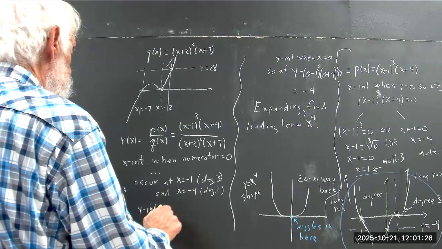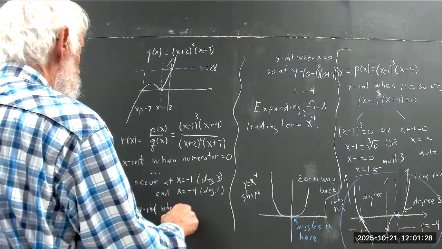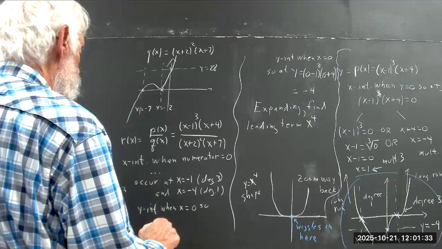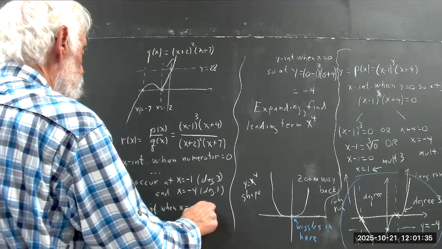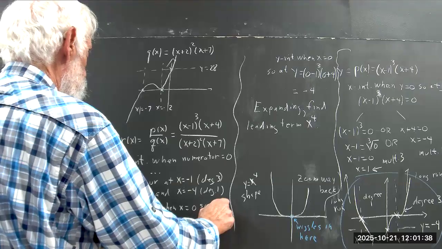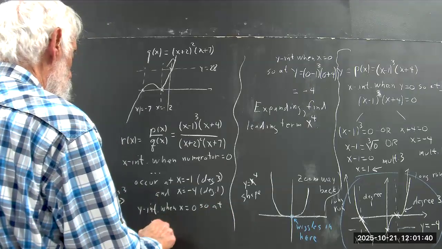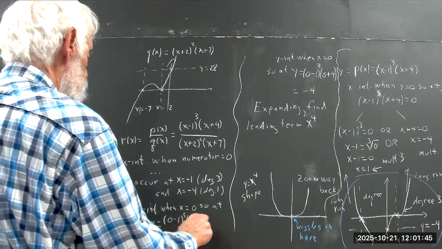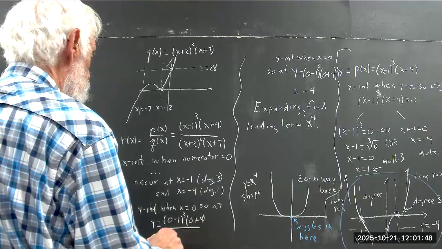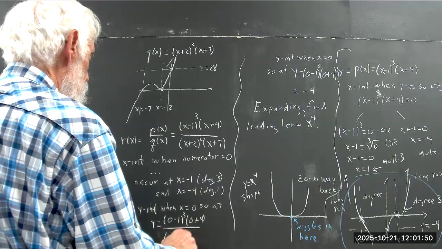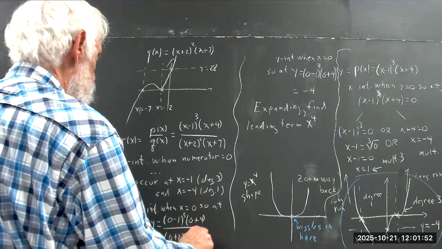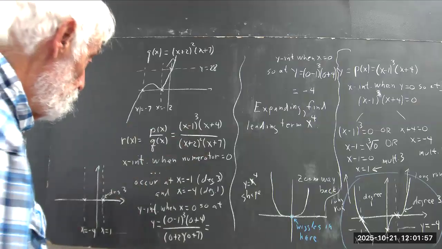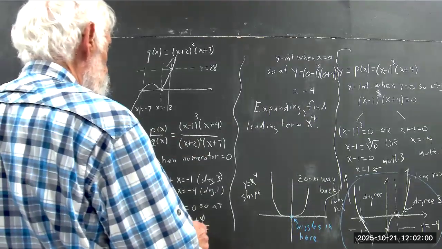Y-intercept is when x equals 0. So it's at y equals 0 minus 1 cubed times 0 plus 4 over 0 plus 2 squared times 0 plus 7. And you might not be able to read that, but you know how to plug in 0. 0 minus 1 cubed is negative 1.